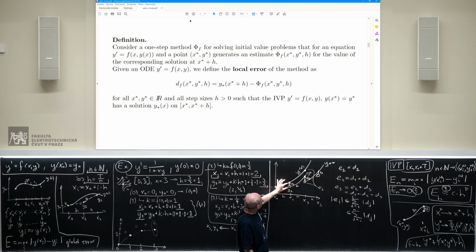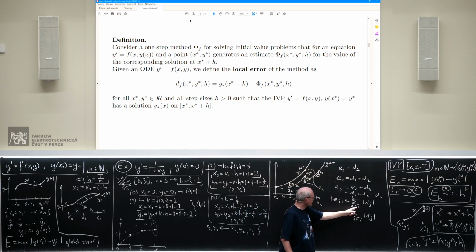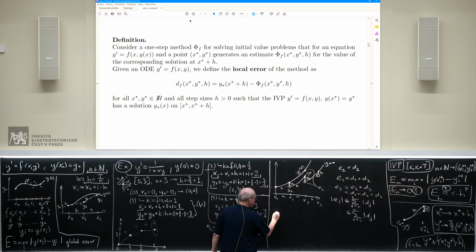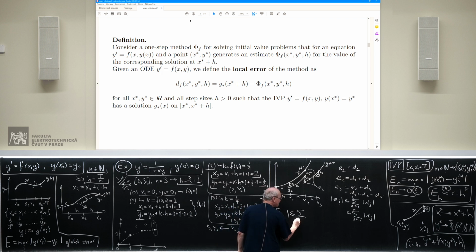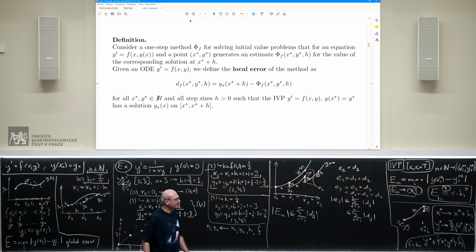So those individual distances between my approximation and the actual solution are all bounded from above by the summation of local errors. And therefore, when I take the maximum, I get the same relationship. So the global error for partition size n is bounded by the summation, j going from 1 to n, of dj, the local errors. And that's the relationship I've been looking for.